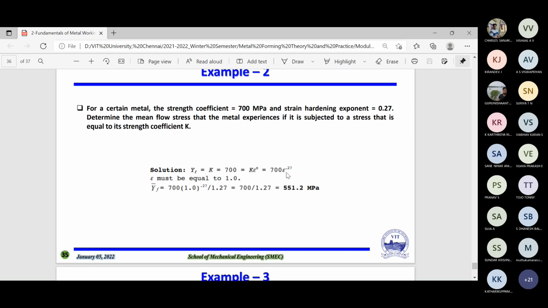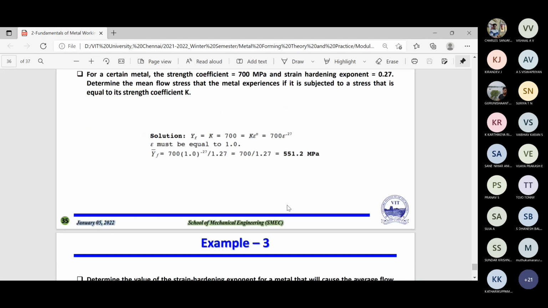And here the value you need is epsilon. So epsilon equals 1. So then YF bar equals K epsilon to the power N divided by 1 plus N. So you will get this value. Am I clear? Okay, sir.